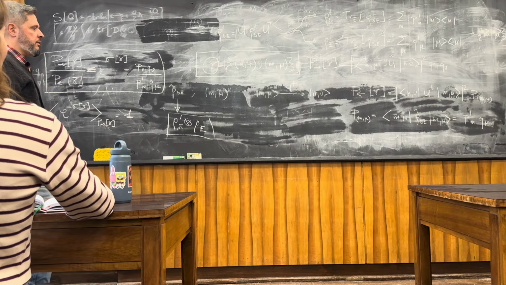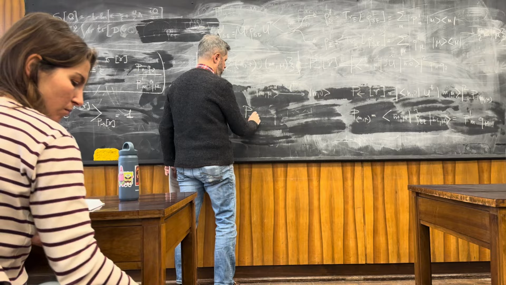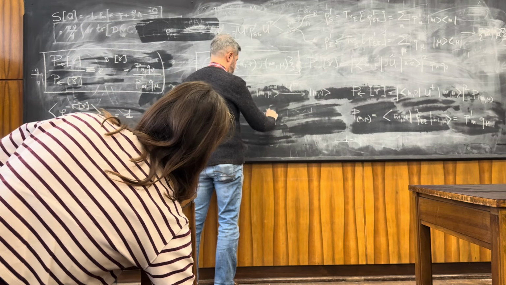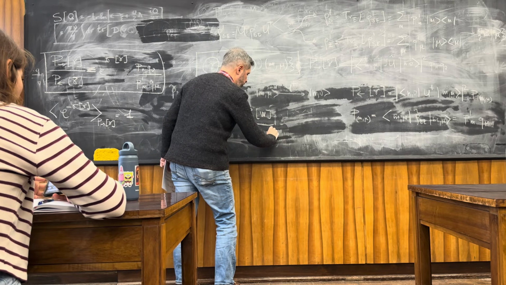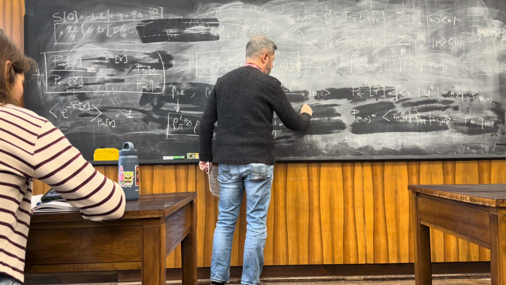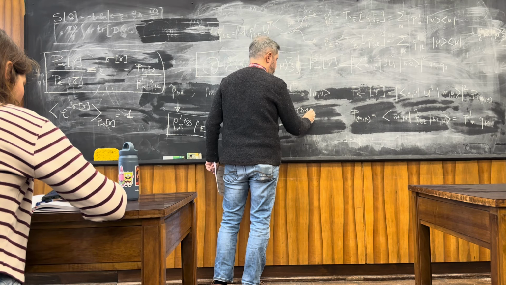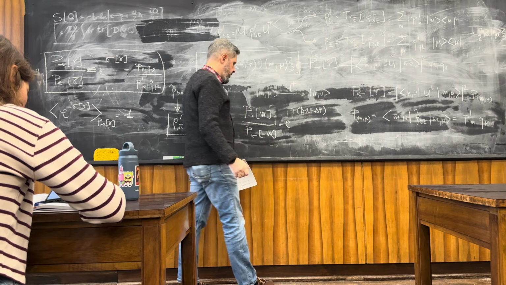No, in that case I get P forward of W over P backward of minus W equals e to the W minus delta F. Right?